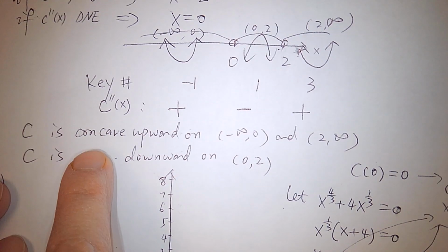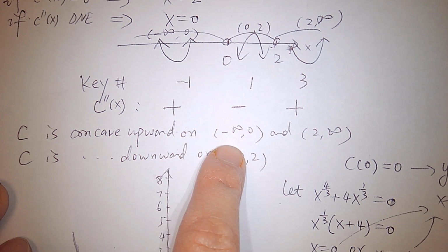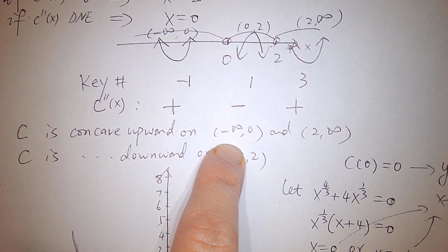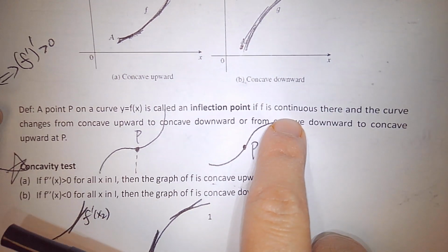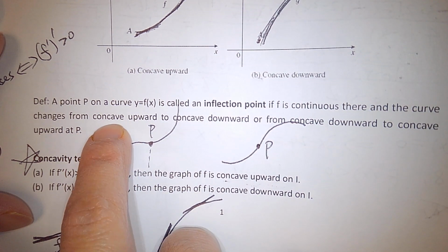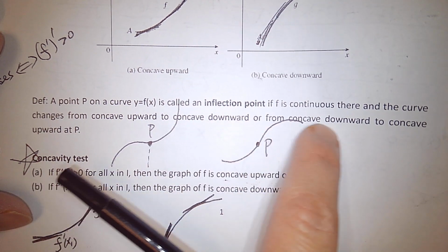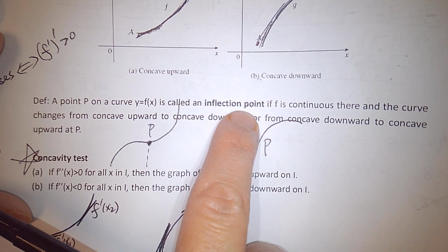This we only talked about concave upward or downward, right? On these intervals. Remember, how do we define the inflection points? If f is continuous and changes from upward to downward or from downward to upward, that point on the graph is called an inflection point.